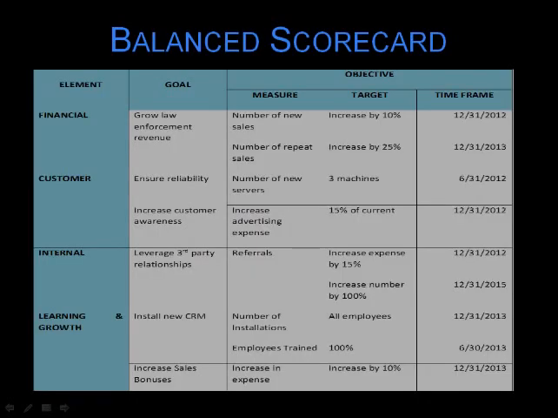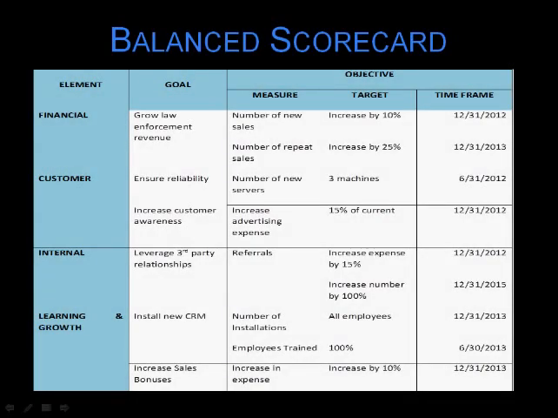Now, one of the cool things is that there's this really neat spreadsheet you can put together. You list the elements over here: financial, customer, internal, learning, and growth. And then you set your goals. Remember, non-quantifiable. So for us, we decided our financial goal is to grow our law enforcement revenue. For our customers, we want to ensure our reliability. Internally, we need to leverage our third-party relationship.